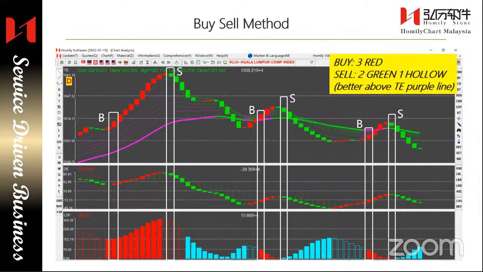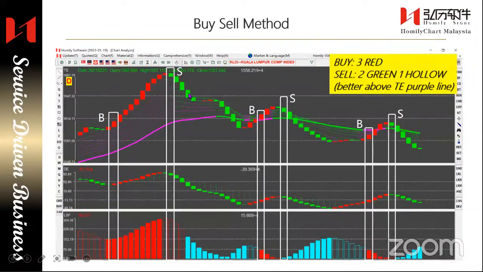So why is it like that? Because this one is important: better above the TE trend, as per the purple line. I mean, you check the first window indicator, and you see whether the columns are above the line or below the line.